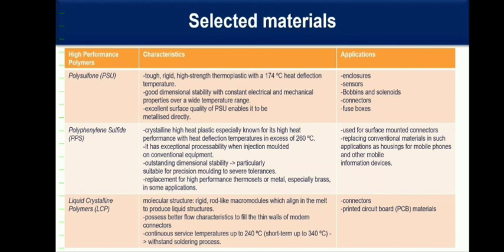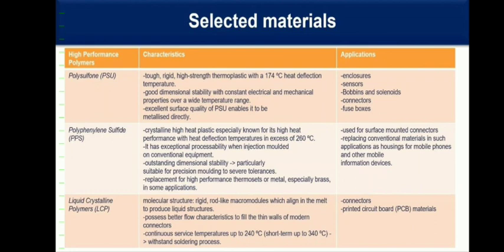Then we have polyphenylene sulfide or PPS. It's a semi-crystalline high-performance polymer, especially known for its high heat performance, together with high heat deflection temperatures in the range of 260 degrees Celsius. We have exceptional processability with injection molding, that means we have an outstanding dimensional stability, in particular in injection molding, when high precision molding is needed to fulfill severe tolerances, with a high chemical resistance.